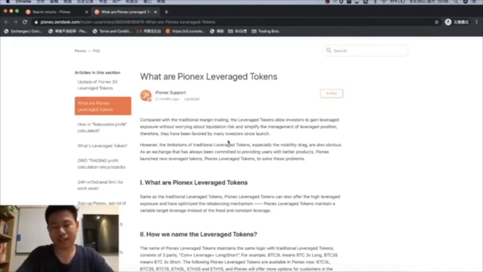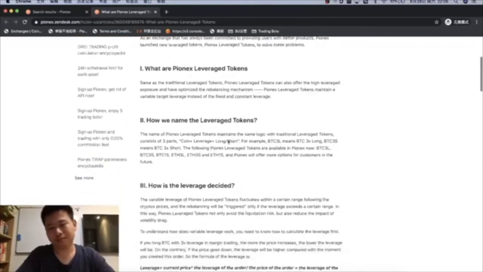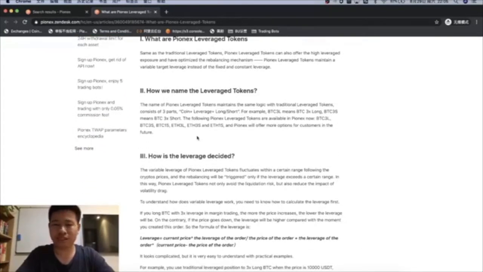If you buy it and the Bitcoin price goes up 1%, then the BTC 3 times long token will go up 3%. And for the 3 times short token, if the price goes up 1%, it will go down 3%.